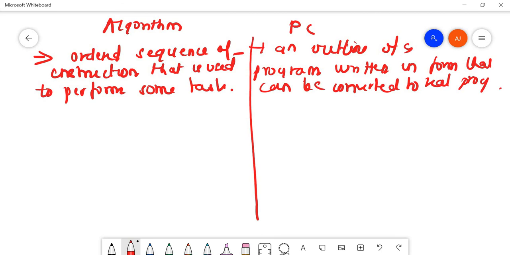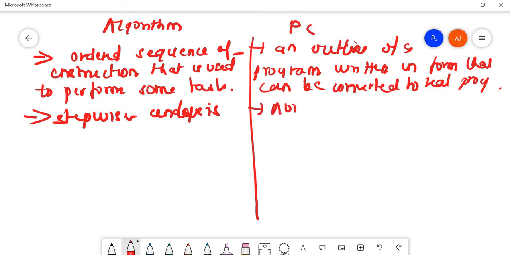Fine, so you can also write, next is, it is stepwise analysis, and this is a numbered list of instructions.